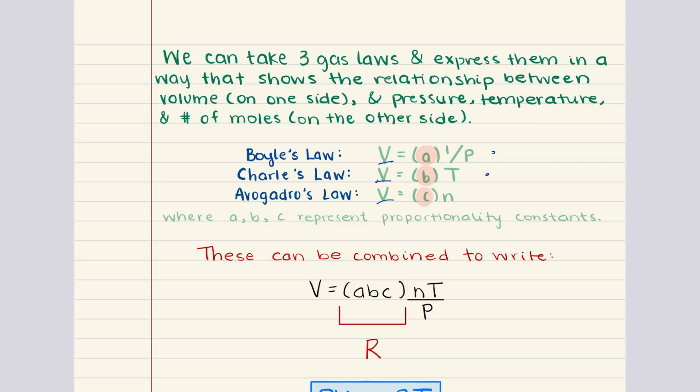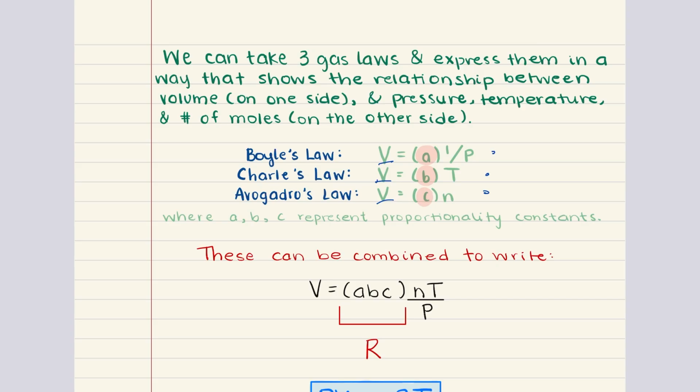From Charles' law, we saw that volume is directly proportional to temperature, meaning that if temperature increases, volume expands and increases as well. And finally, from Avogadro's law, we established that volume is directly proportional to the number of moles of gas. More gas molecules mean a larger volume.